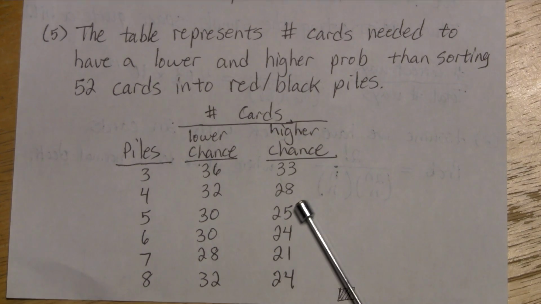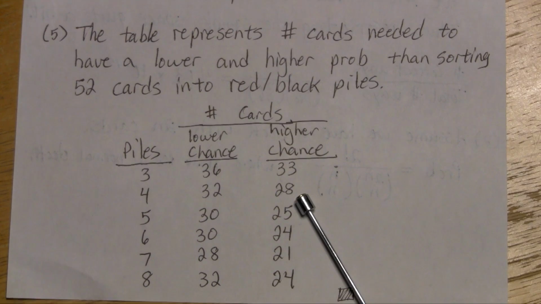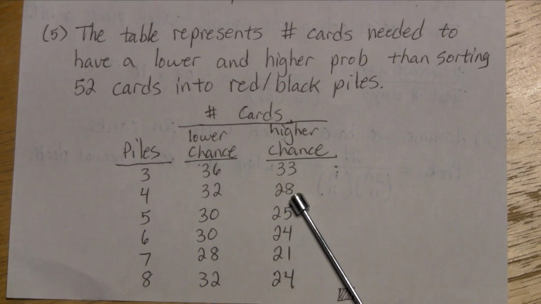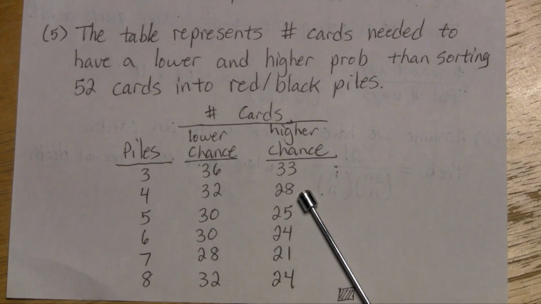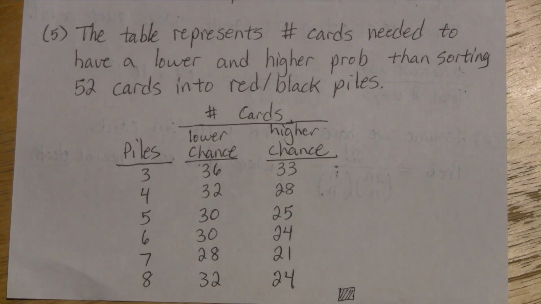So if we take 1 more card from each suit, so we have 28 cards total, then the probability of sorting these into the 4 correct piles is actually higher than the probability of sorting the 52 cards into reds and blacks. And then I just went ahead and did it for 3 to 8 piles. And the cut point is somewhere between these 2 cards.